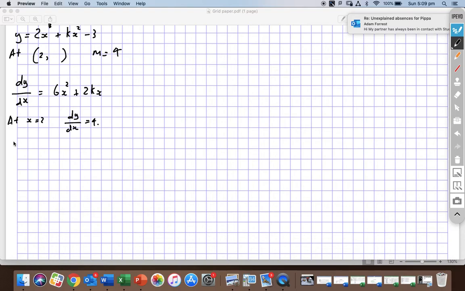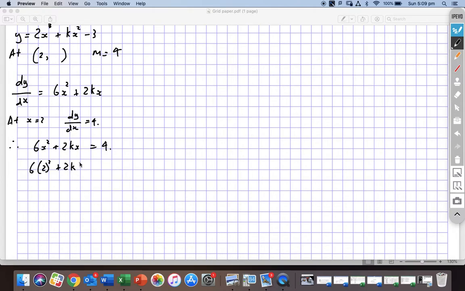And then I could say therefore, what do we get? 6x squared plus 2kx has to equal 4, right? At x equals 2. I don't need to leave those as x's. The x's equal 2. So let's sub those in. Equals 4.